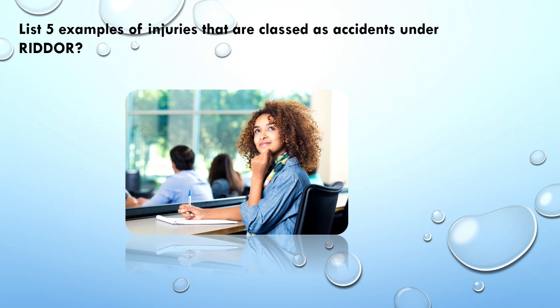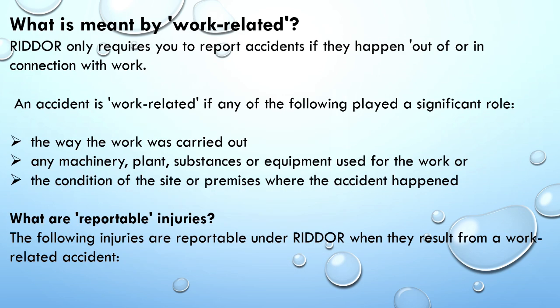Okay, I hope you have managed to list the 5 examples of injuries that are classed as accidents under RIDDOR. So next, what is meant by work related? RIDDOR only requires you to report accidents if they happen out of or in connection with work.